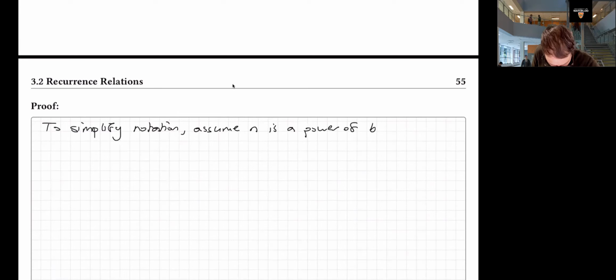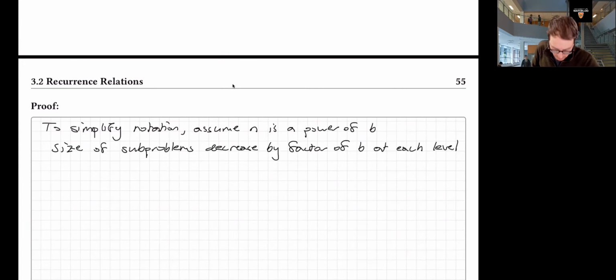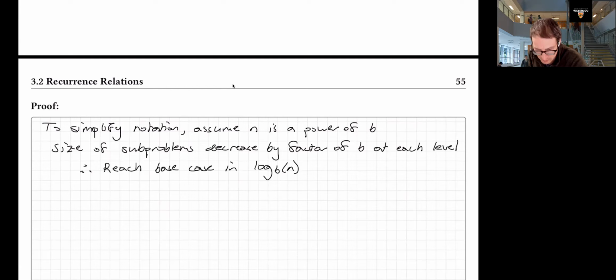So just following our argument above, we know that the size of the subproblems decreases by a factor of b at each level. And so therefore we reach the base case in log base b of n levels.